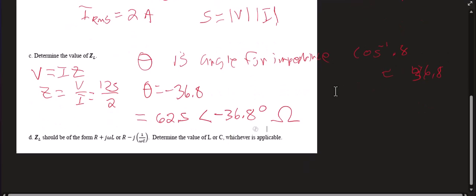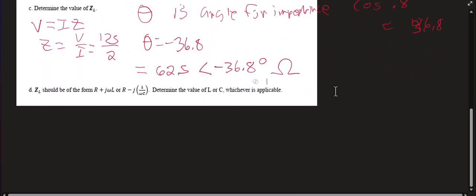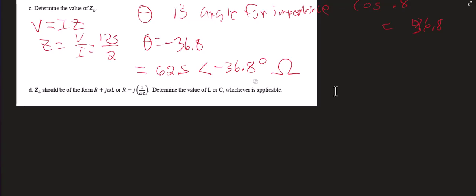Okay, and then we had ZL should be in the form R plus j omega L, or R minus j over omega C. So we already know it's minus, because it's negative, so it's capacitive.